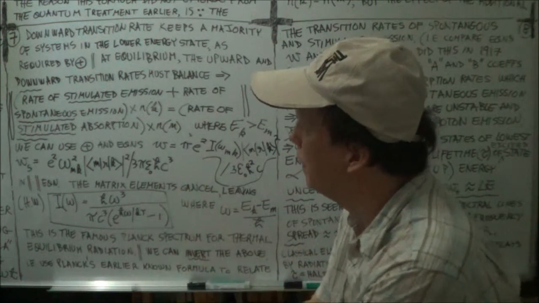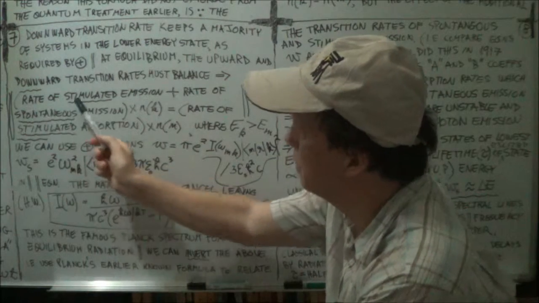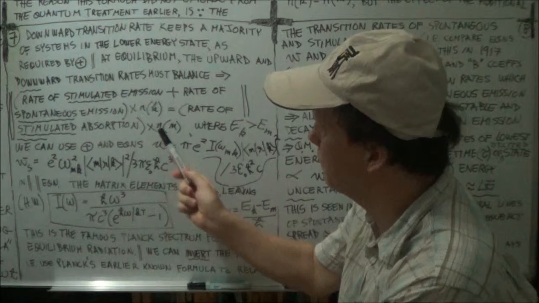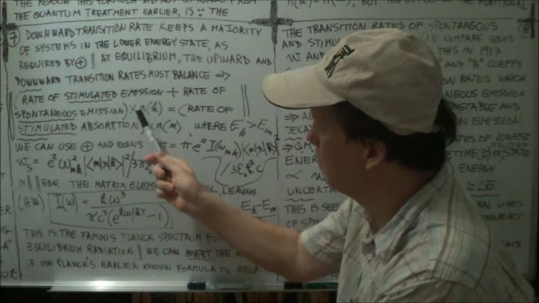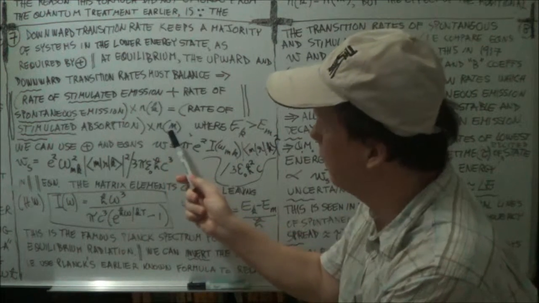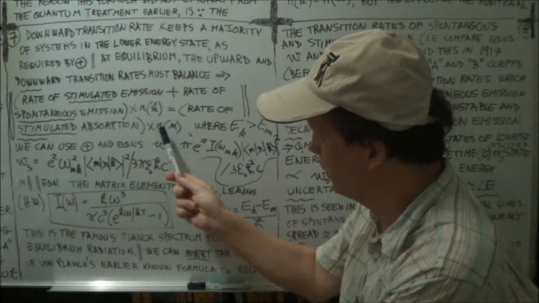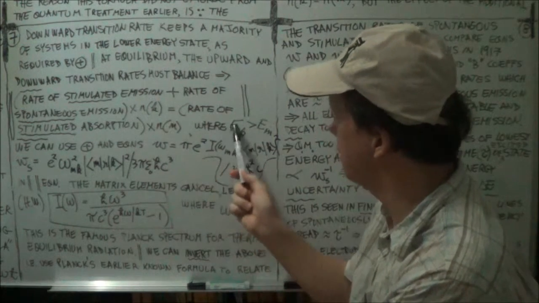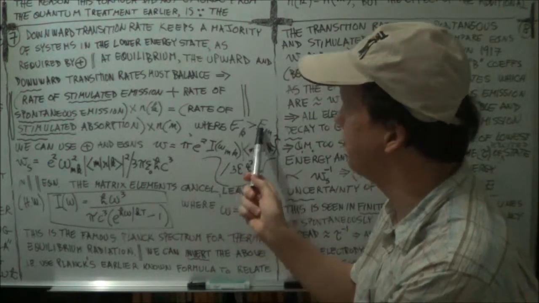Now, these are the proportions: the proportion of systems with energy Ek and the proportion of systems of energy Em, so initial energy Ek and final energy Em here.